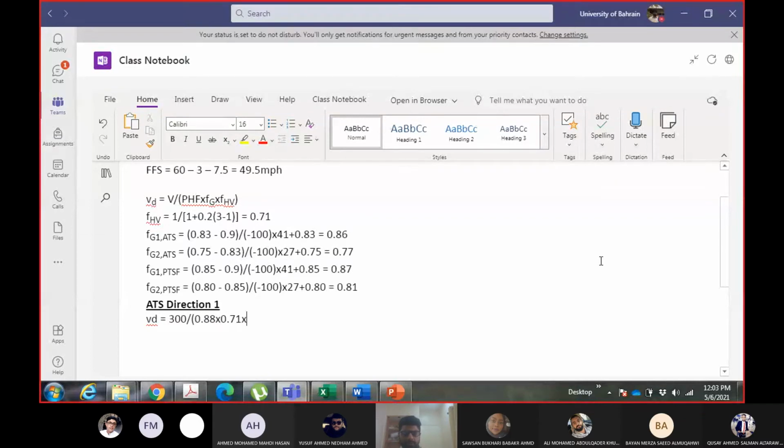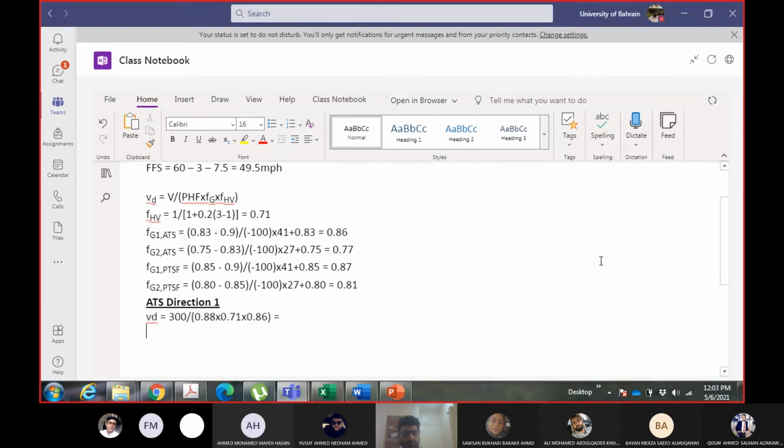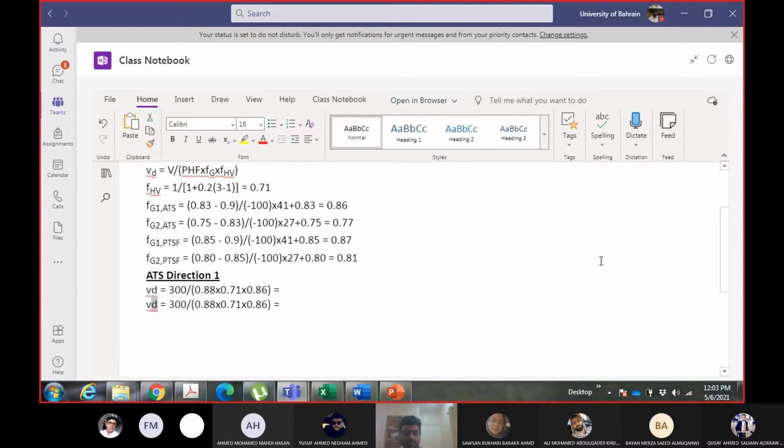Calculating ATS for direction 1, 0.86 is the factor. How much? 558.